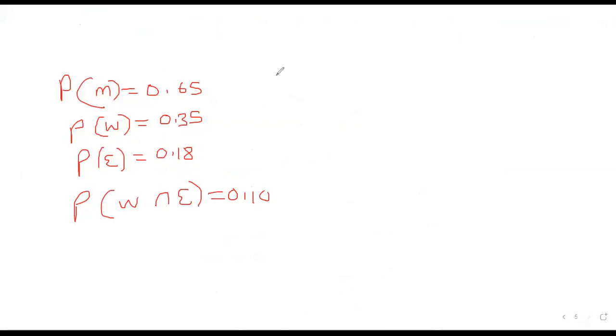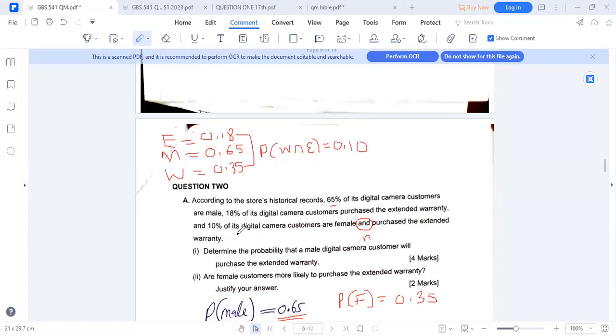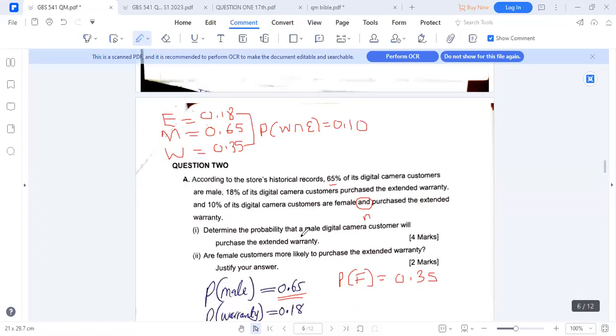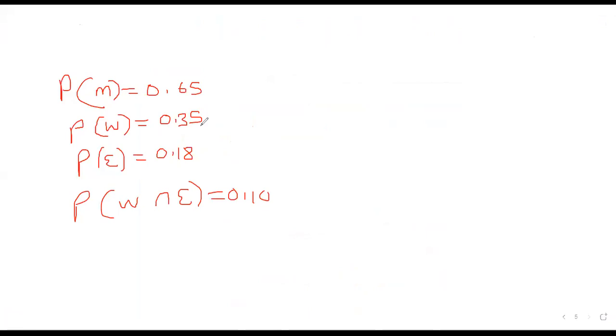Now what is the question asking us? The question is asking us to determine the probability that a male customer will extend the warranty. So they're asking us to calculate the probability that a customer extends, given that it is a male.